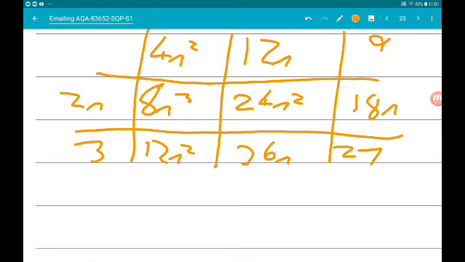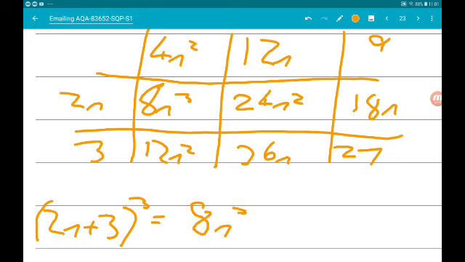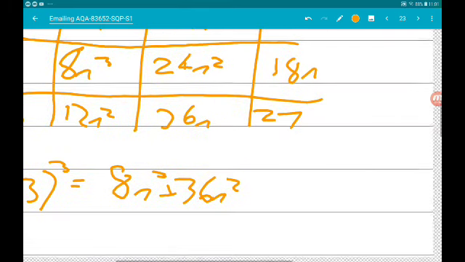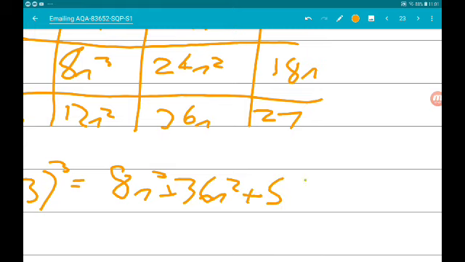So, 2n plus 3 cubed is 8n cubed. Then we got 12 and 24 n squared, so that's 36n squared. We got 36 and 18n, so that's 54n. Then we got a plus 27 at the end.